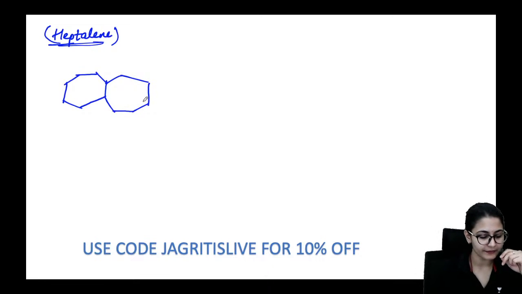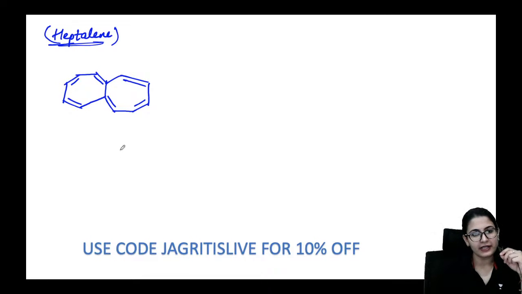In this way. Now the double bonds have to be placed in such a way that you are not having any saturated carbon, right? So this is how you have to write. All the carbons have to be unsaturated in this way. Okay, this is the correct heptalene structure.